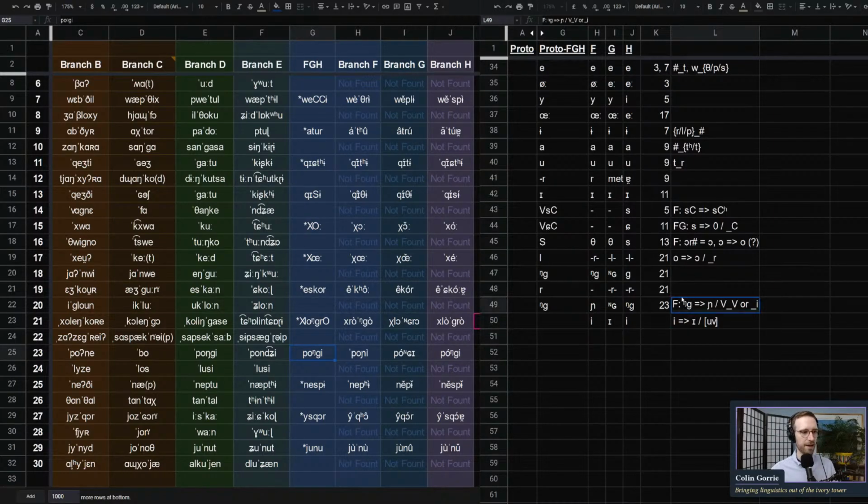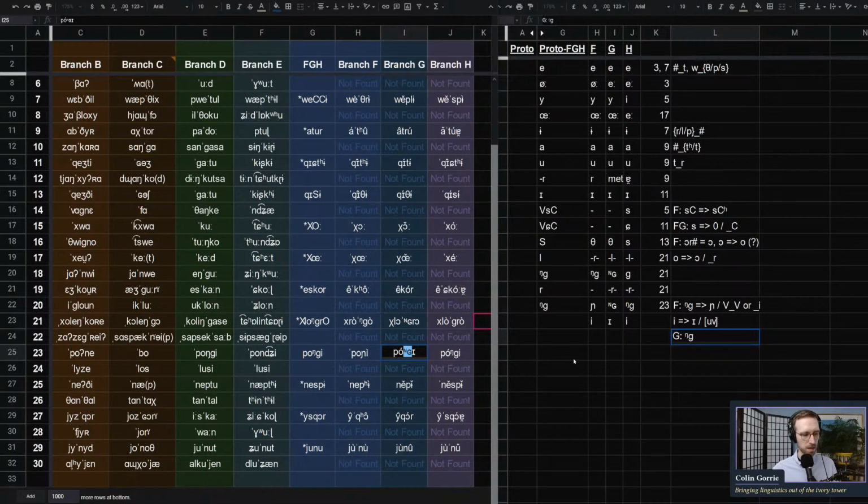And then we have backing to a velar in G only. Okay.